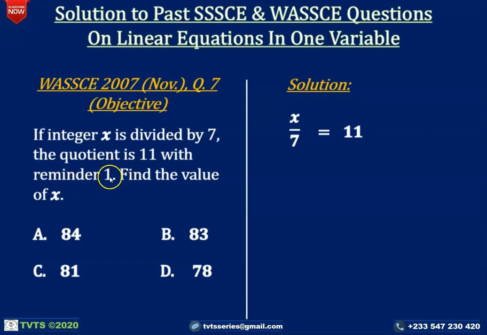The remainder is always expressed as a fraction of the divisor. So we have the remainder 1 over 7. That is 11 whole number 1 over 7.